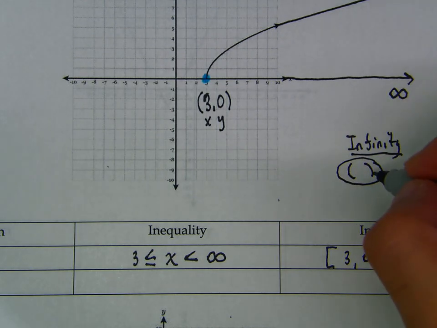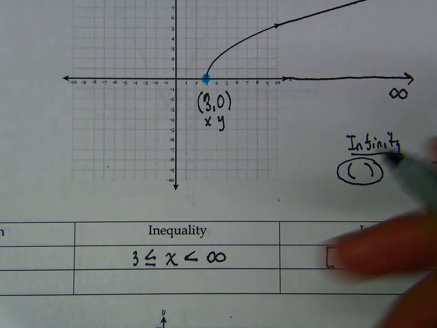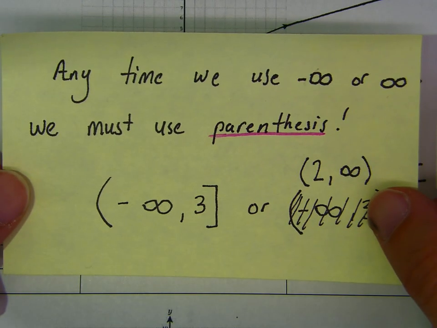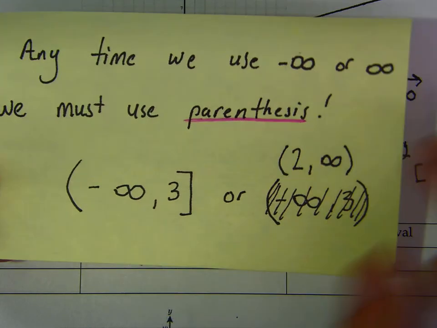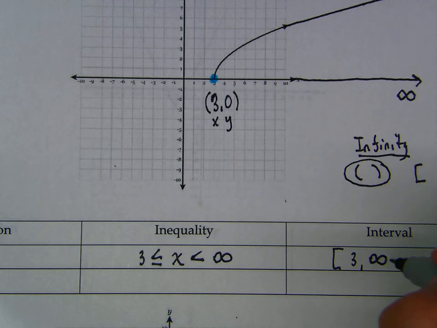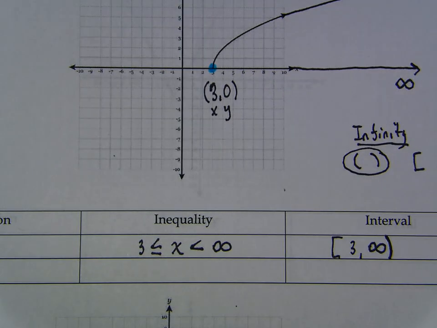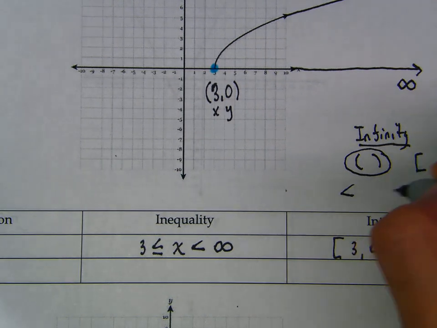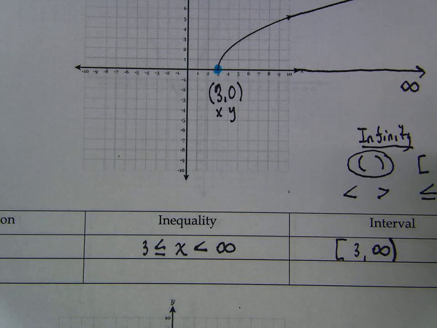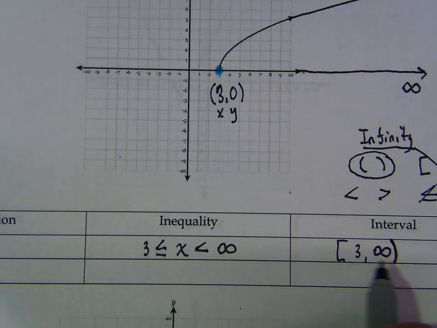So then anytime we use the idea of infinity or negative infinity, we must use parentheses, okay? And I'll do a better job of explaining it in person, but anytime you use infinity, you must use parentheses, right? And then here, you should also use the less than or the greater than, not the less than or equal to or greater than or equal to. You do not use these symbols to describe infinity.